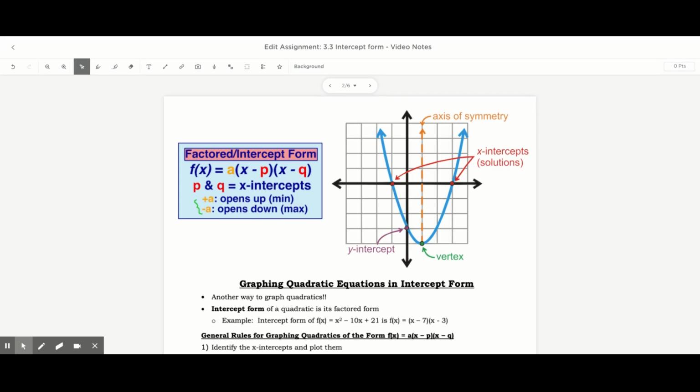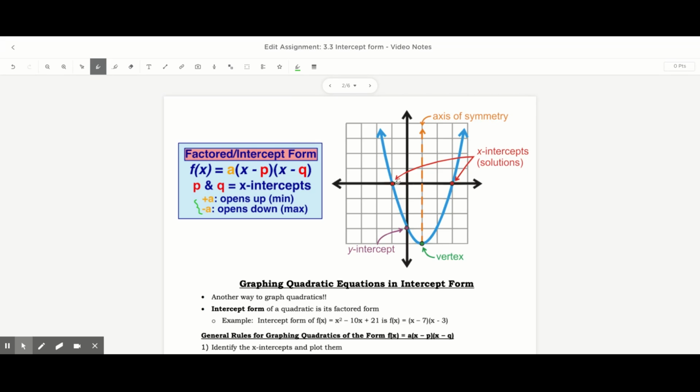When we look at our graph, each of our forms tells us something important. Our vertex form showed us the vertex. Our intercept form is going to help us locate our intercepts very easily. If you look here, it says p and q are your x-intercepts.